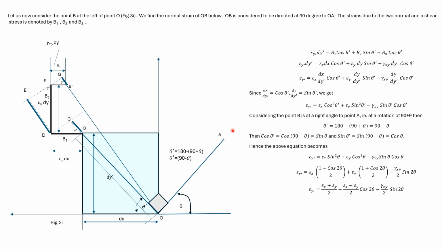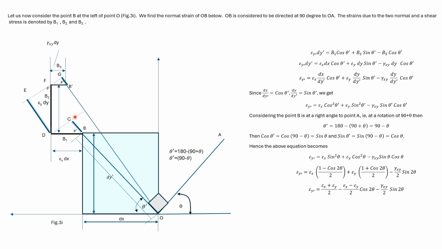The length of OA was considered to be dx dash, so the length of OP is considered as dy dash. The direction of OP is considered to be the y dash direction. This angle is considered as theta dash.